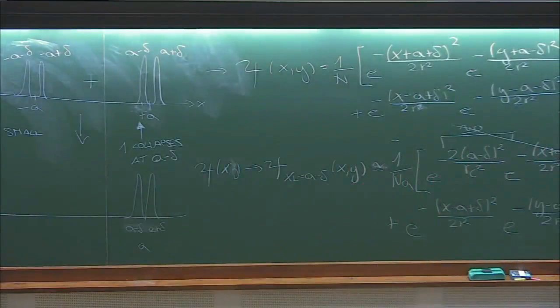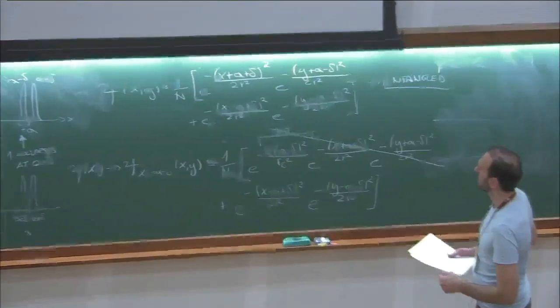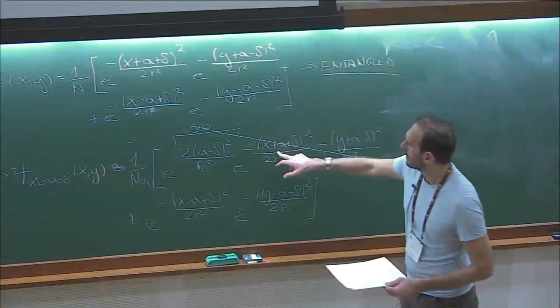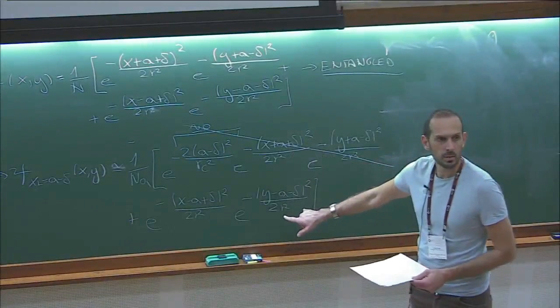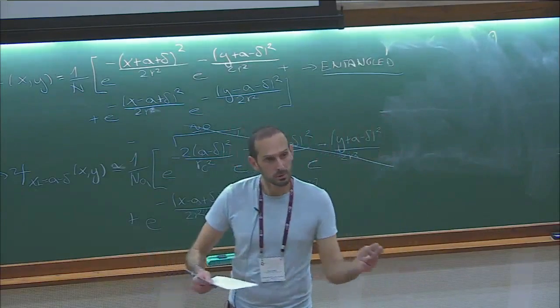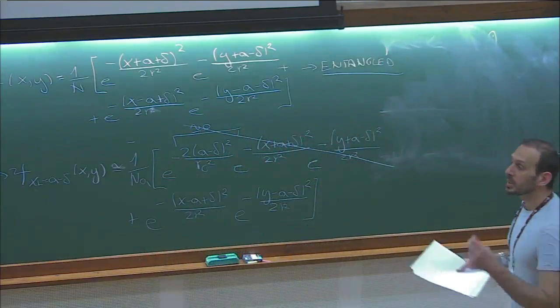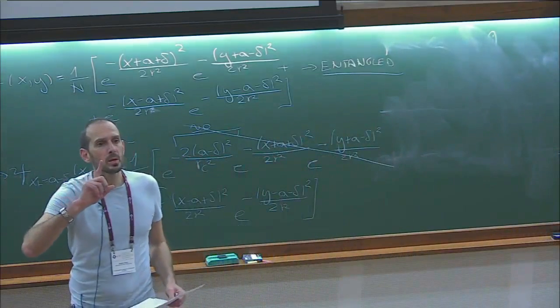So what is the important message? That the collapse of one particle, oh, why I killed it? No, I killed the other. This is the left term, and this is the right term. But it's not important, one of the two. That's the important thing. So the important message is that the jump referred only to particle 1.